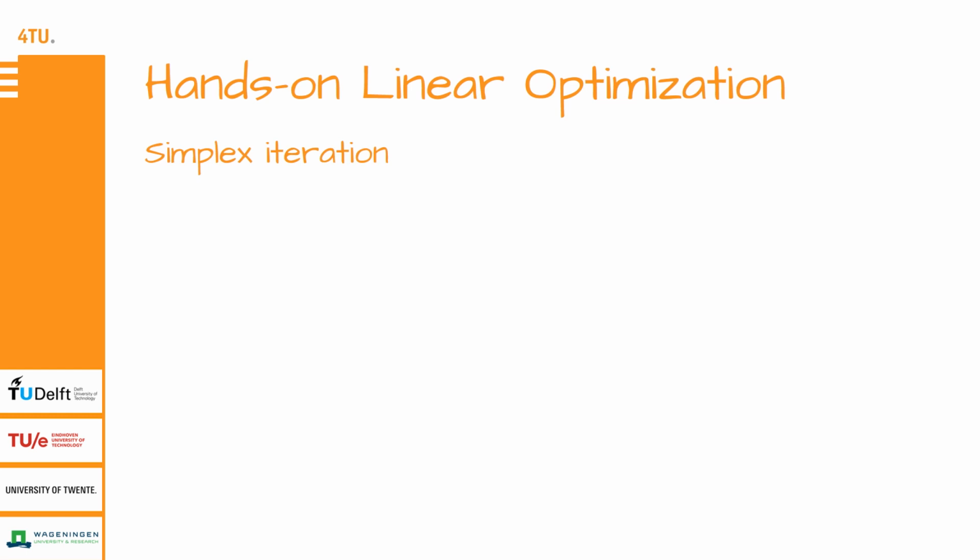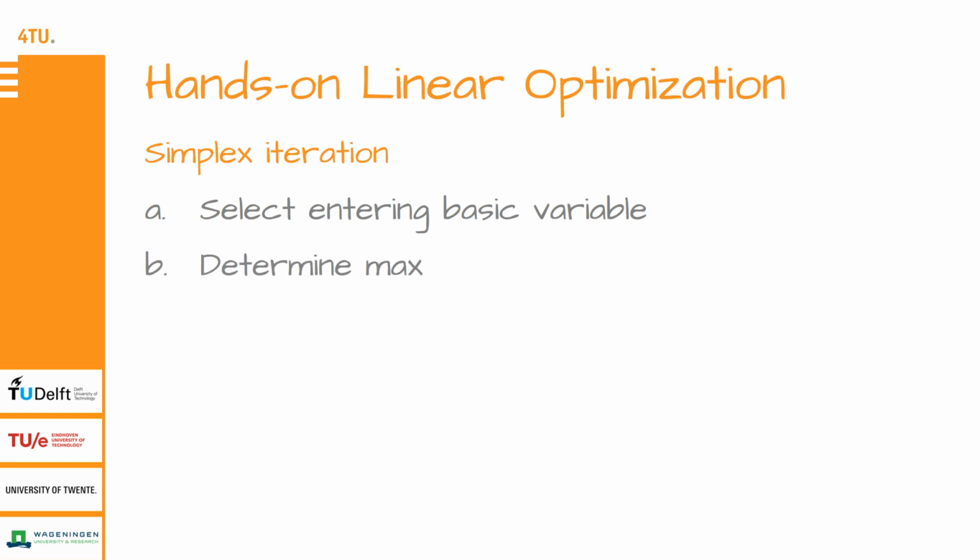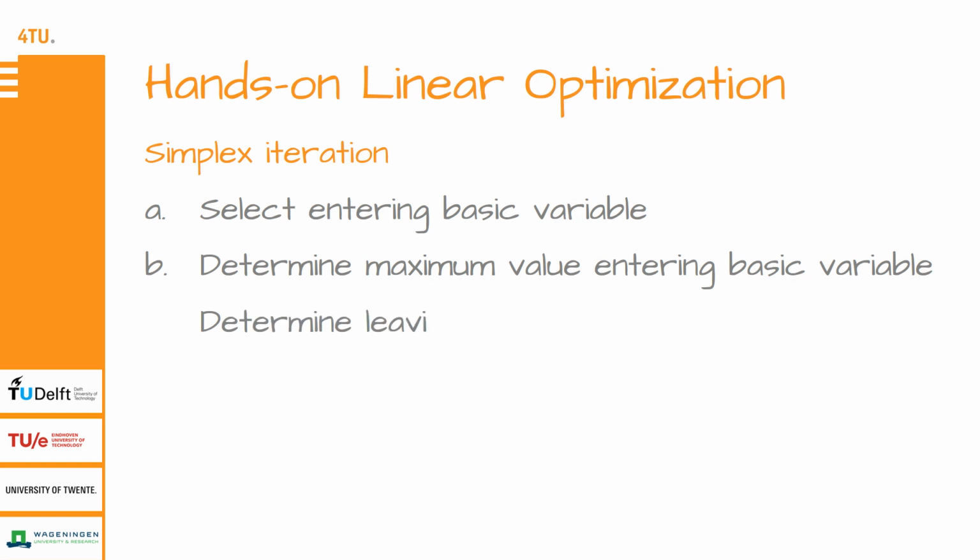In step A, we select the entering basic variable, which is the variable with the highest positive coefficient in the objective function. In step B, we determine the maximum possible value of the entering basic variable, such that all other variables remain non-negative. The basic variable for which its value is reduced to 0 because of increasing the value of the entering basic variable is the leaving basic variable.